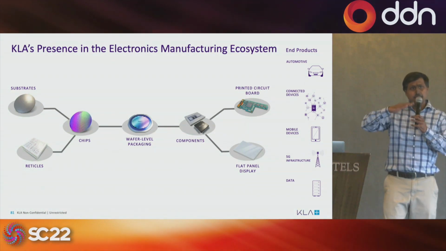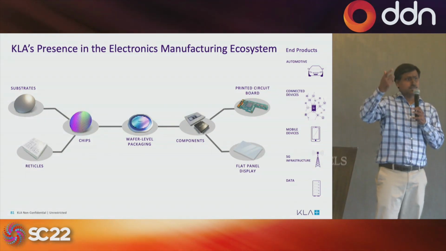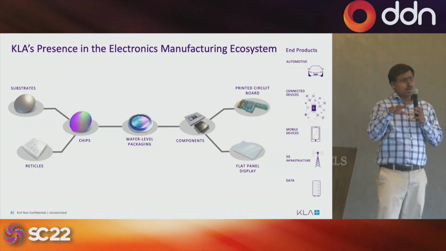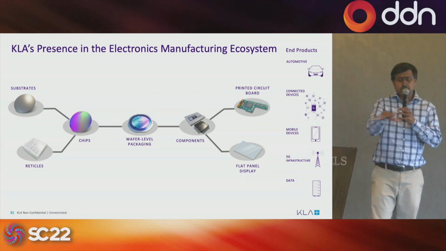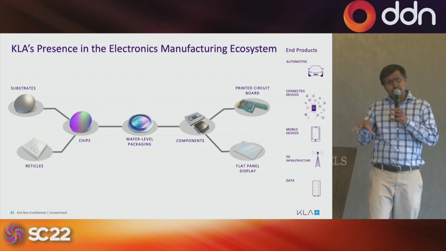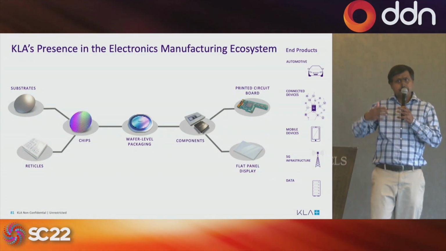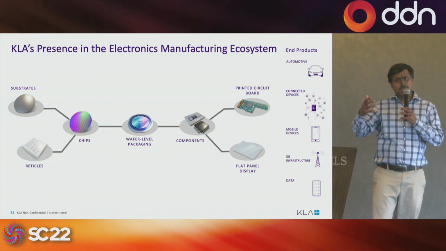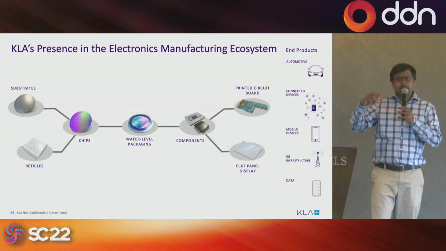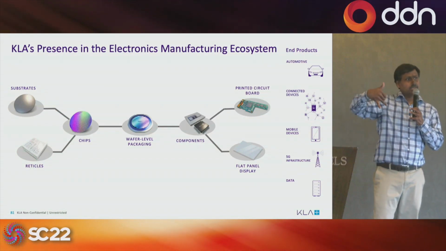When they have multiple layers installed, they need to measure the thickness of each of the layers. Is it uniform throughout the die, throughout the layout of the die? They need to see the geometry of this layer. Once they etch and make pillars and columns of material, they need to measure the thickness of the column at the top, at the bottom, in the middle, and the height of the column.